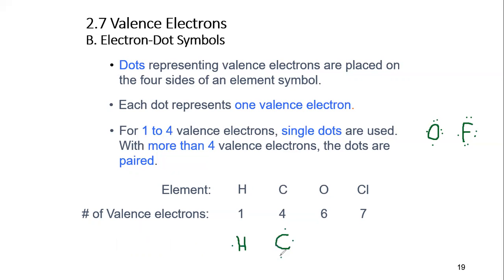Carbon, like that. We've already done oxygen. And again, these are the electrons that are involved in bonding. So in later chapters, when we're drawing Lewis structures, we'll be using the Lewis dot symbols.